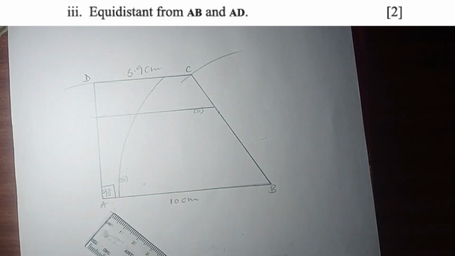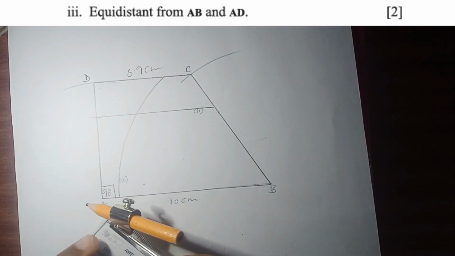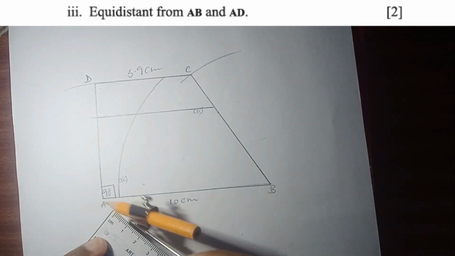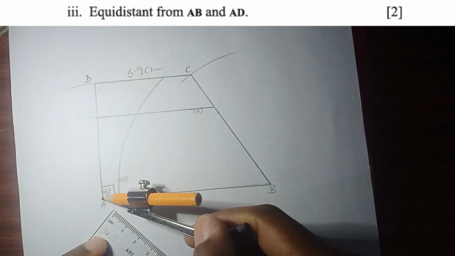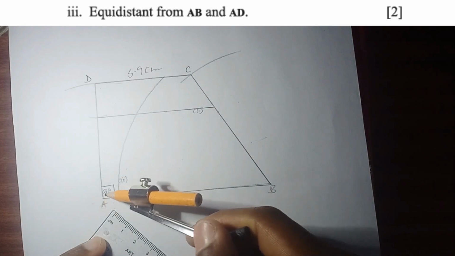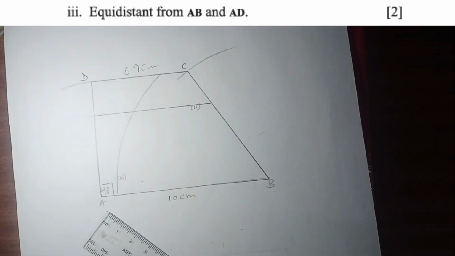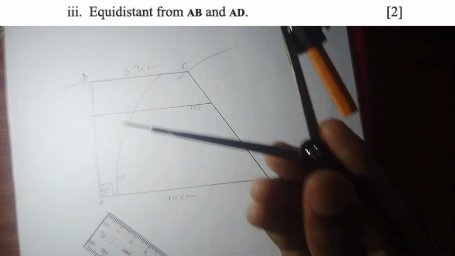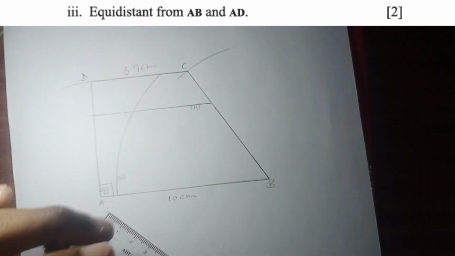Okay, that's the third part, which says equidistant from AB and AD. This is AB and this is AD. So we need to bisect this angle. How are we going to do that? We're going to get our compass.